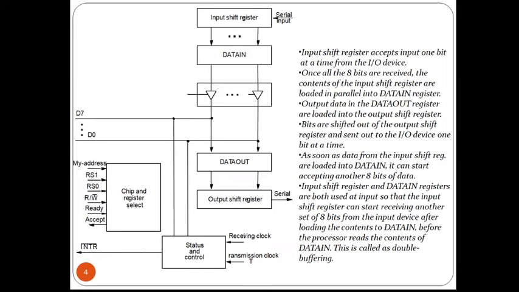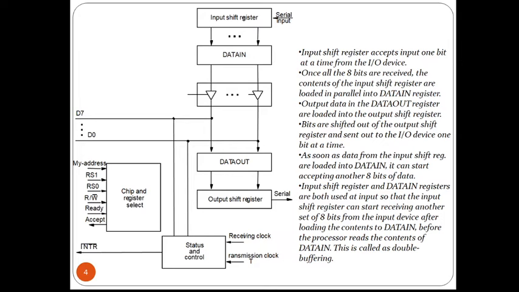You can see in the figure that this is a serial interface. We have the input shift register, and then we have data in register and data out register, and then the output shift register. We also have the status and control block, which is receiving the clock as well as doing the transmission of the clock.